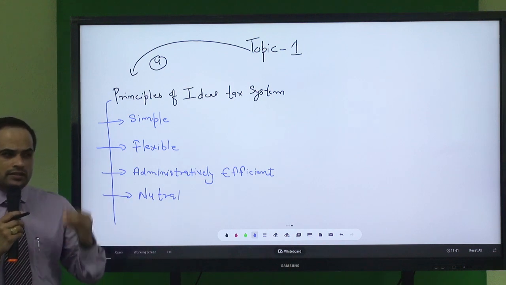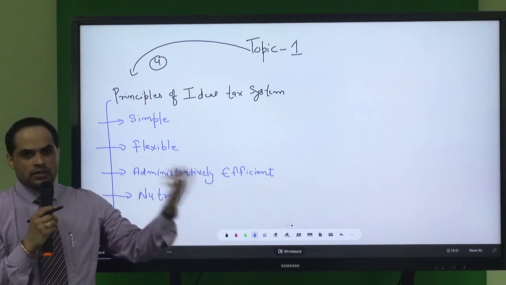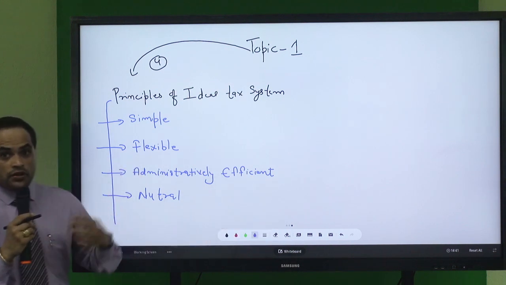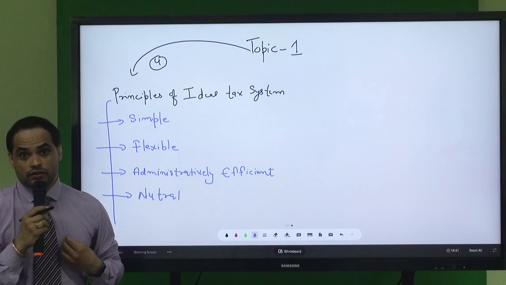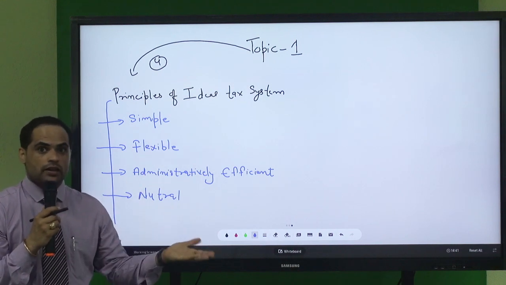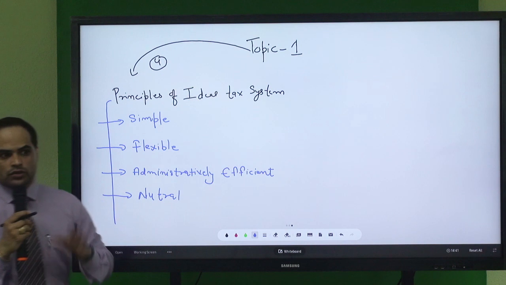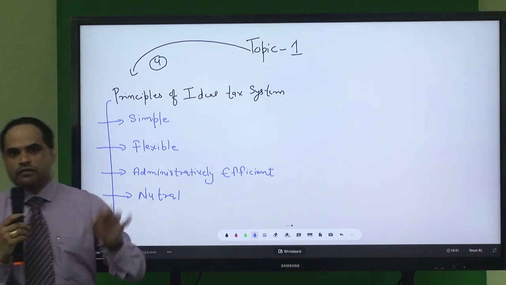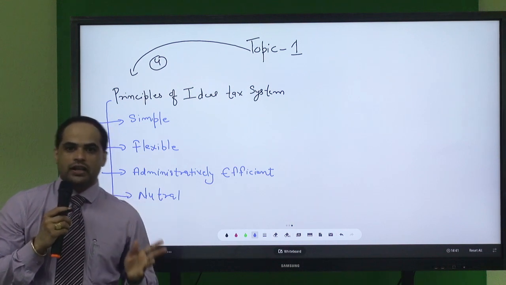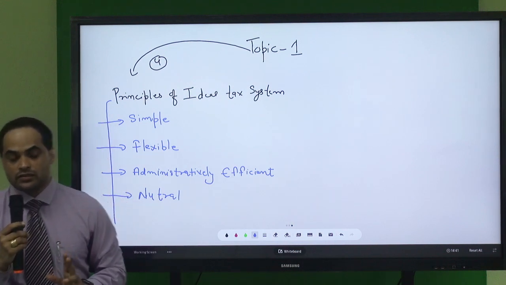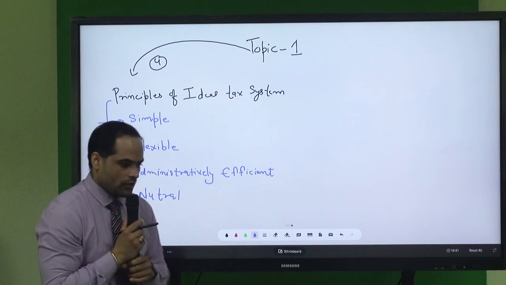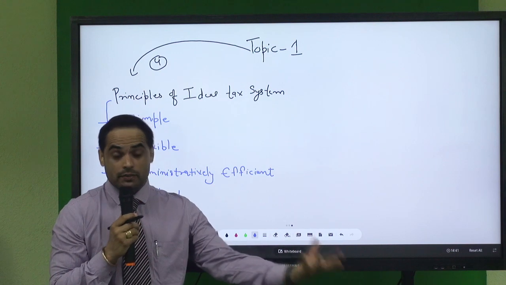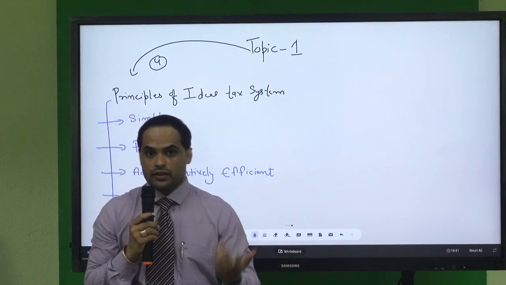I should not give exemptions to that sector because I have a personal interest in it. I'm not supposed to do that. That means neutral. It should be balanced and fair for everybody who is generating income and paying tax. It should not give unfair advantage to some industries. Unfair advantage.